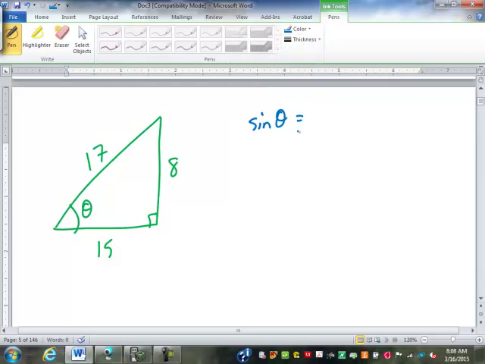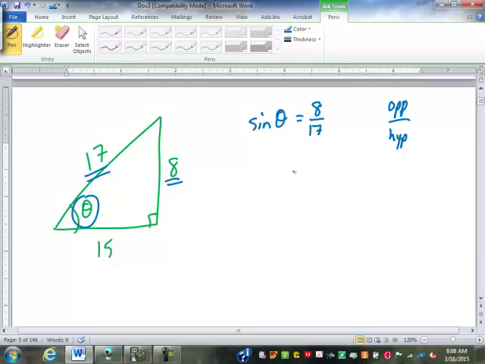If I ask you to find the sine of theta, what would it be? Well, what's the definition of sine? Opposite over hypotenuse. So if I look at this triangle, here's my angle theta. What is the opposite side? 8. What's the hypotenuse? 17.